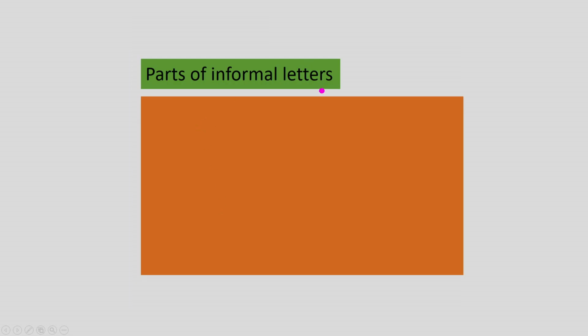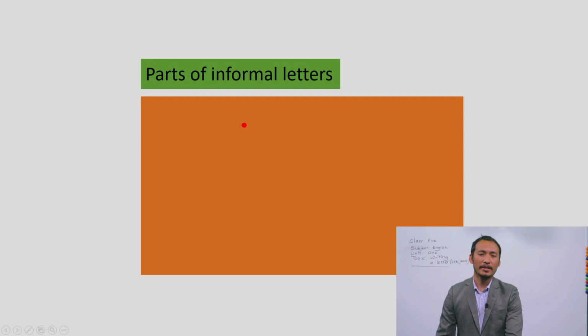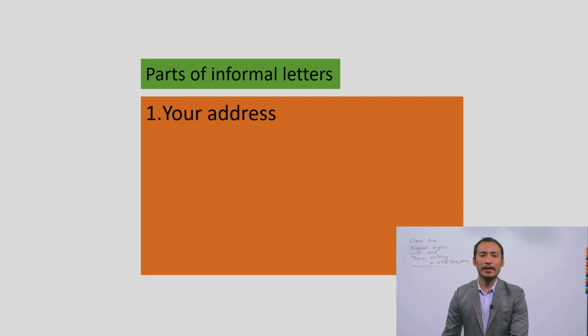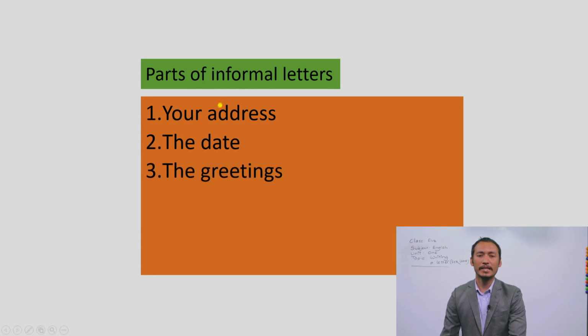Parts of informal letters. Let's see the difference. There is not so much difference in the format, but there is in language and the way we present. So it is the same address, and you write the date, you write greetings. You skip the name and address of the person whom you are writing in informal letters.